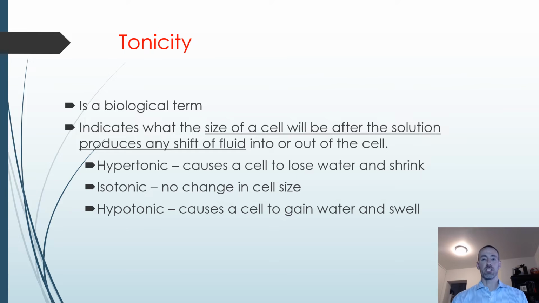That means if the inside of the cell is 285 milliosmoles, it's 285 in the extracellular fluid as well, because they're always in balance with each other. Now, if I want to give fluids to a person, and the fluids are 400 milliosmoles, that's hyperosmotic relative to the body cells. So that's comparing osmolalities.